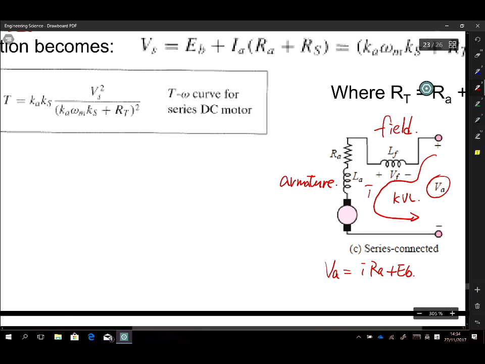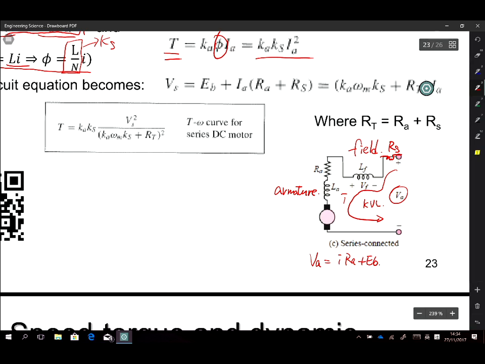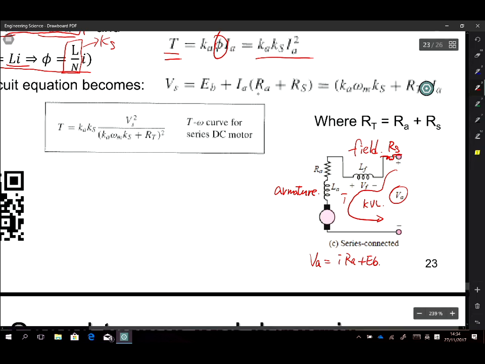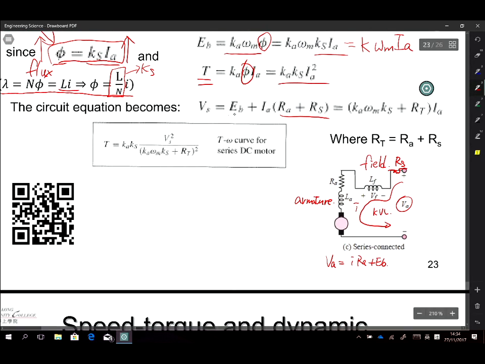Sometimes you may find we have an input resistance for the motor, the so-called Rs, and this Rs can be added to Ra to form the total resistance of the motor, RT. You can substitute EB by Ka omega M Ks Ia.